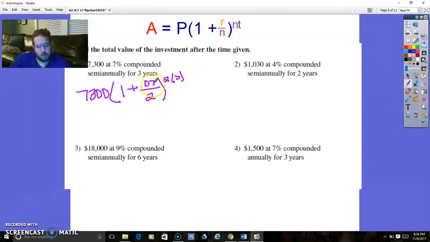If you're putting this in your calculator, that's 0.07 divided by 2, gives you 0.035, add that to the 1. That's the rate if you did it semi-annually. And then you raise that number to the 2 times 3, which is 6th power. And then multiply that number by your amount that you had initially.